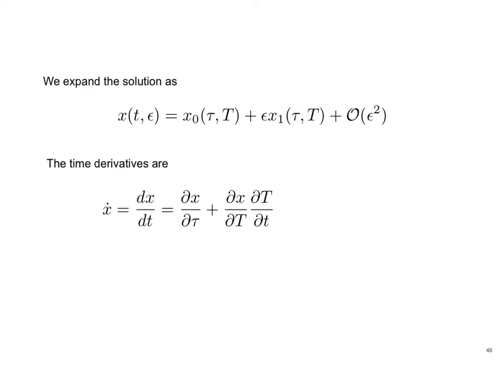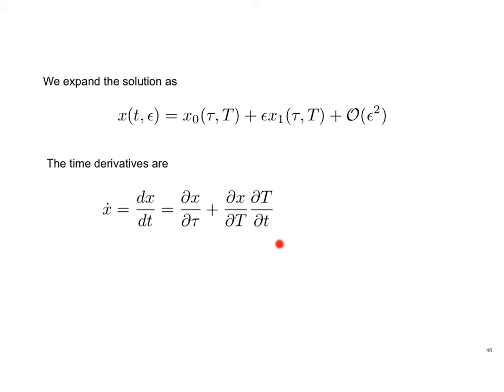And the first thing we have to do is to define the temporal derivatives. The first order derivative with respect to t is a total derivative, because here we have just one time scale. However, we will now have this converted into partial derivatives when we have two time scales.